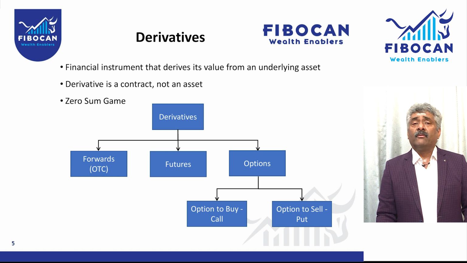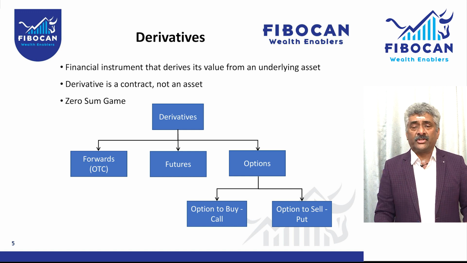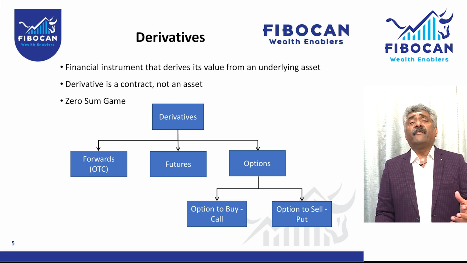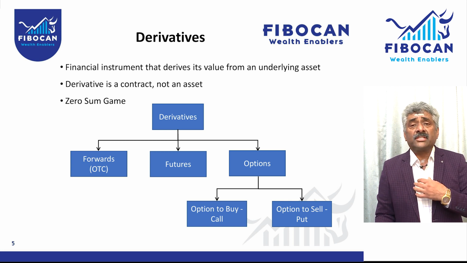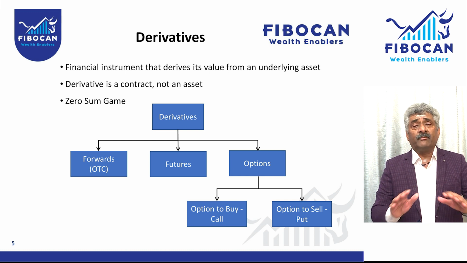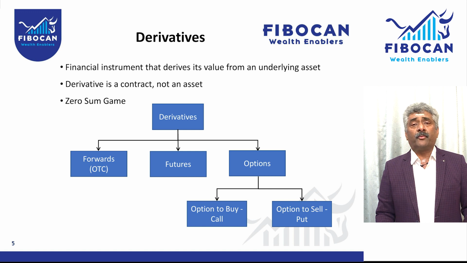What is that zero sum game? Simple. 11 minus 11 equal to 0. 547 minus 547 equal to 0. That means if I have won, somebody has lost. People play in India, the largest derivative market, the futures and options market in the world.